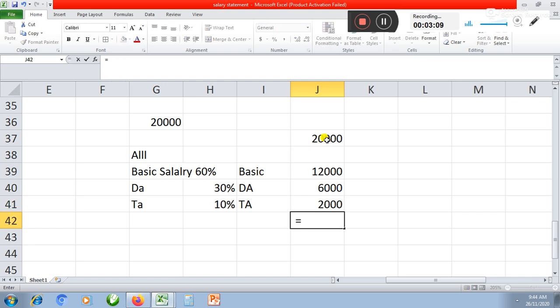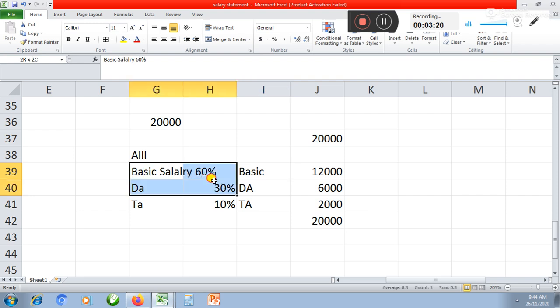If I total this, it becomes 20,000. So this is the way. Whenever you get the salary, along with that you are getting the salary certificate. On that it will be written basic salary so and so, DA so and so. Percentage won't be written, but remember this percentage will not be fixed for every company. The company can give you 70% of basic salary, even more than that also. So this percentage the company is fixing, remember.